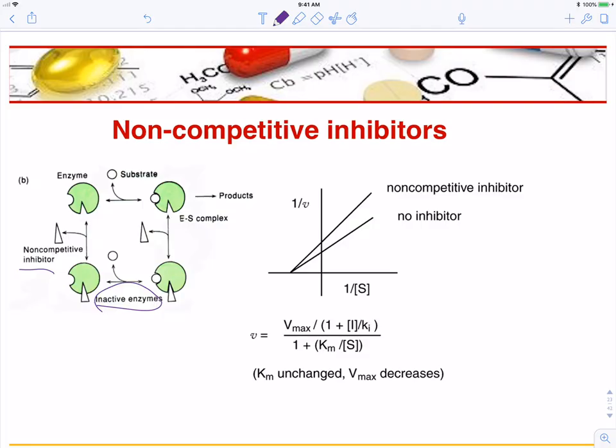So a pure non-competitive inhibitor will have no effect on substrate binding. But what will happen is that the enzyme substrate inhibitor complex cannot evolve to product. So Km will be unchanged, but we will have an effect on Vmax, and so the line actually will change in this way.